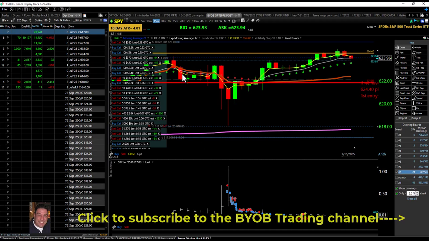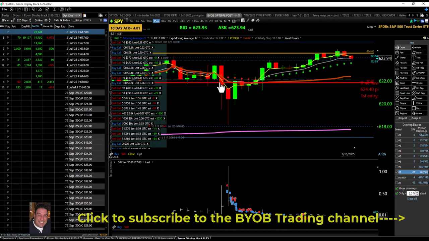As the candle comes down for the put, I'm loading. I'm watching the option candle, not this candle, to make sure I should be buying.